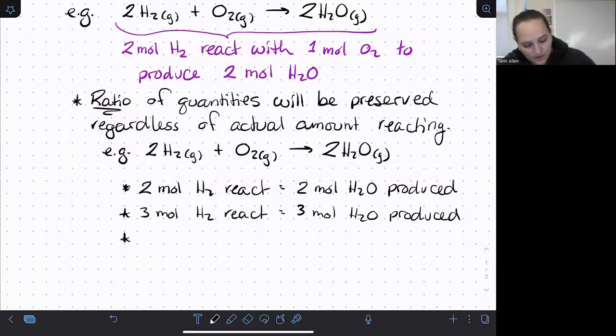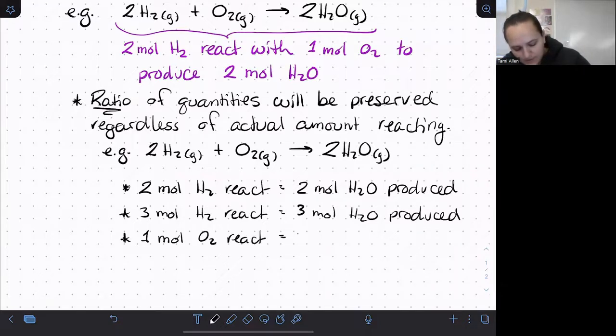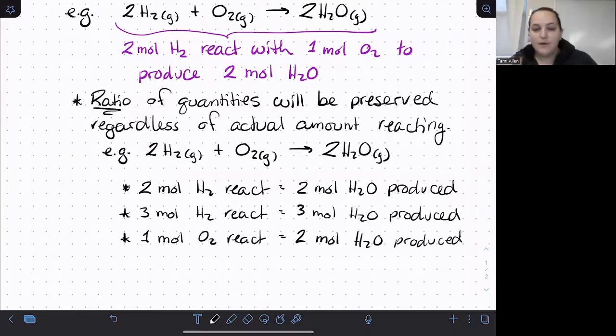You'll notice for O2, it's a little bit different. When 1 mole of O2 reacts, we get 2 moles of water. So however much oxygen we start with, we always get twice as many moles of water produced.